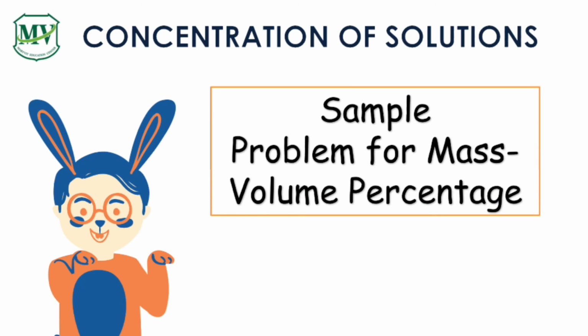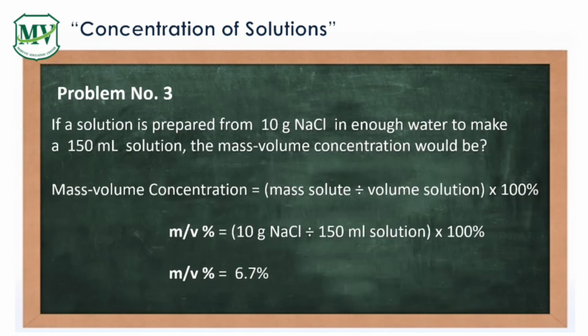Here's a sample problem to illustrate mass volume concentration. Problem number 3. Take a look at the statement of the problem. If a solution is prepared from 10 grams of NaCl, 10 grams here is the mass of the salt to be dissolved in water to make a 150 ml solution.